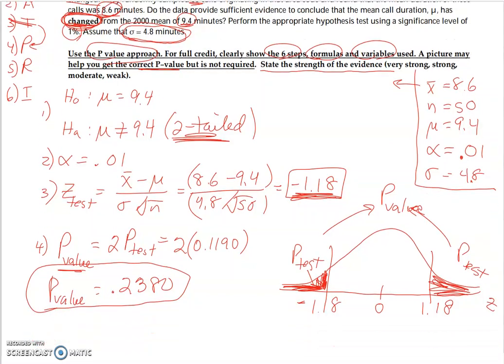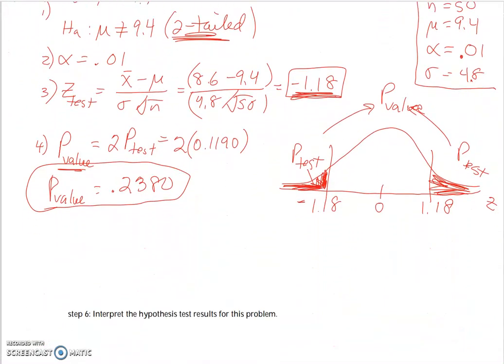So let's see what happens when we do our comparison, the final test here, step 5. When you're doing a p-value hypothesis test, the test you want to do in step 5 is you want to say if your p-value is less than or equal to alpha, that means you got something very rare or very unusual.